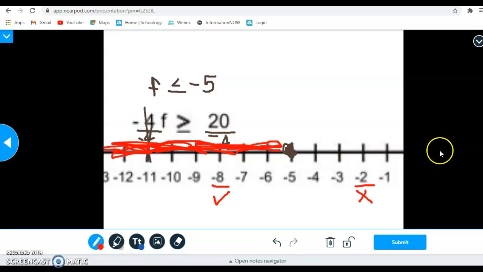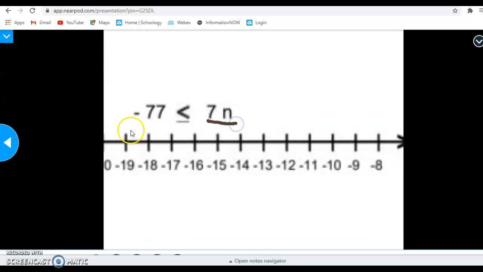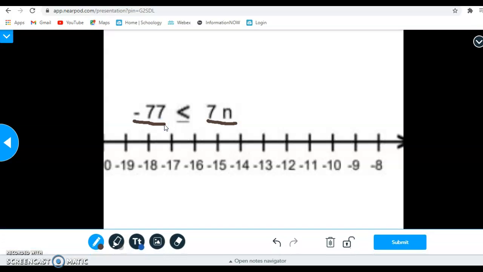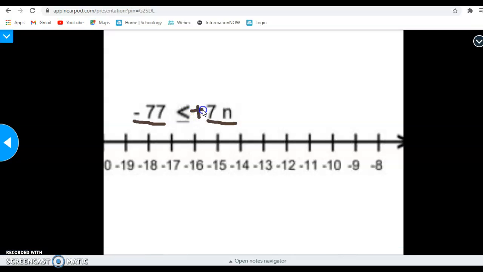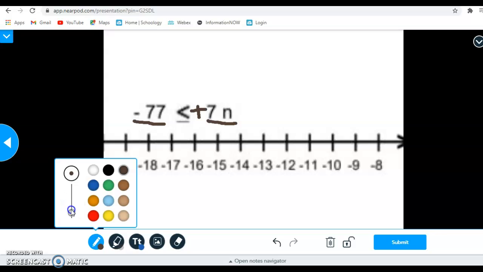Okay. So let's look at the next problem. We have negative 77 is less than or equal to negative 7n. So we're going to do the same thing that we did on the last problem. The only difference here is this number is positive, right? So let's make sure that we pay attention to the signs.